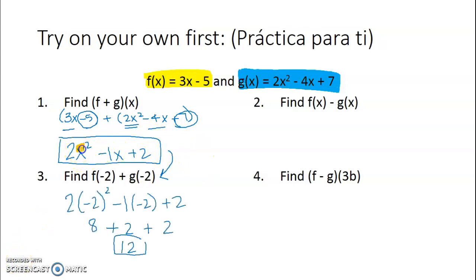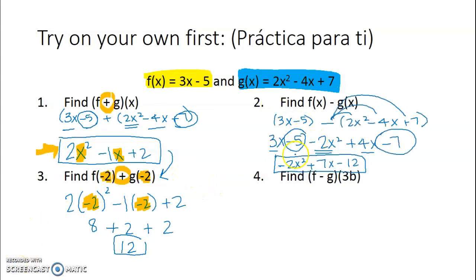On this one, you can see where these x's were. I changed them to negative 2's because it said to use negative 2 inside my function. I still had that plus sign, so I was able to still follow from this answer. I got 12. On this one, since it's subtraction, I had to distribute my negative to all of these terms, and then I combined like terms.